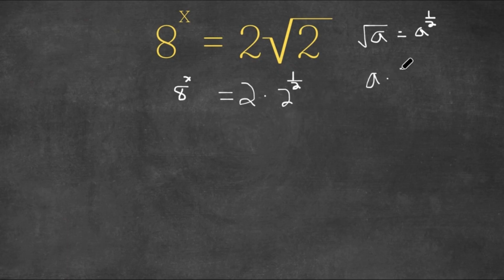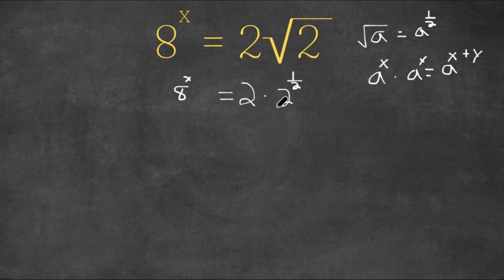And we have a to the power of x, and we're multiplying that with a to the power of y. Well, this is the same thing as a to the power of x plus y.